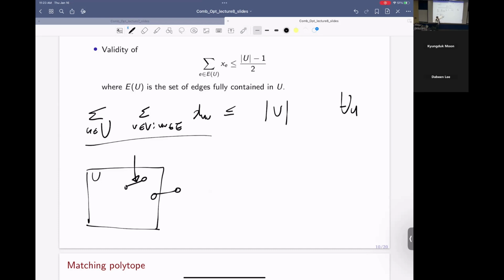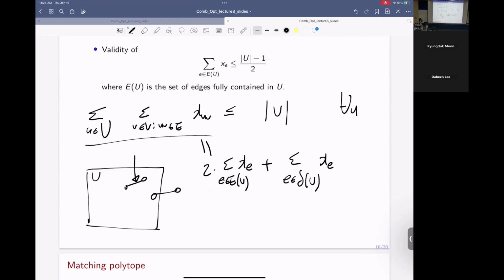But an edge that crosses this subset appears only once. So this is equal to 2 times the summation over edges that are fully contained in this subset, plus the edges that are crossing the subset, which is denoted as delta of U. Those edges appear only once. Okay. So the left-hand side can be written as this.